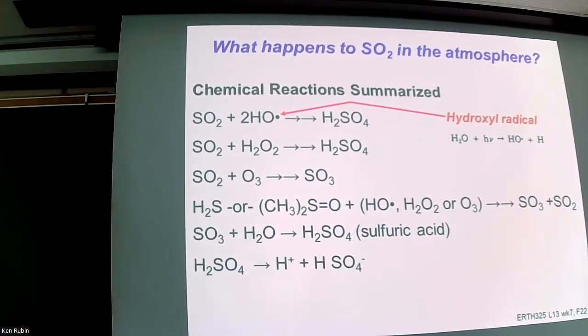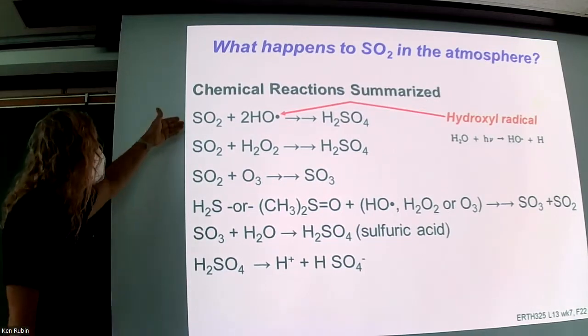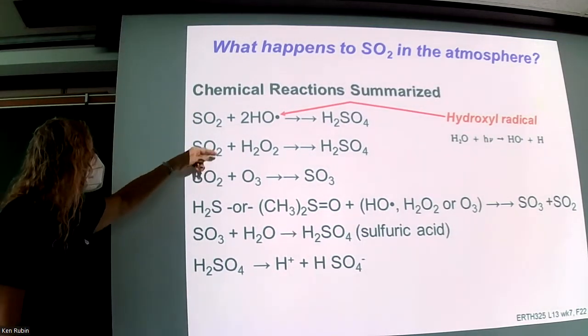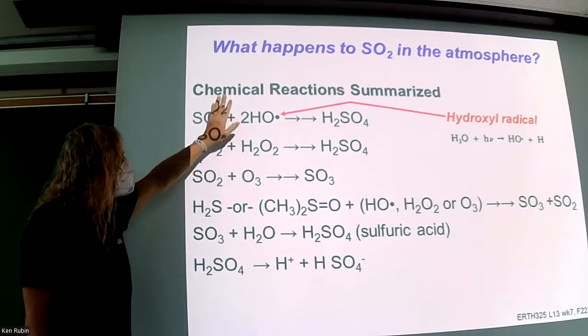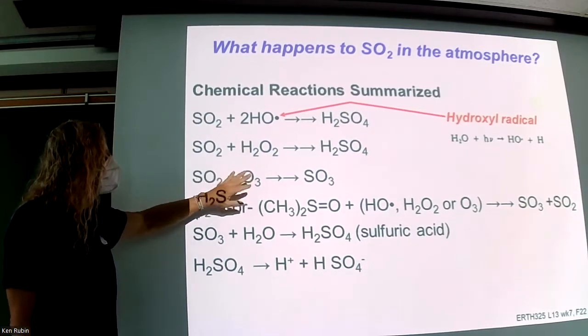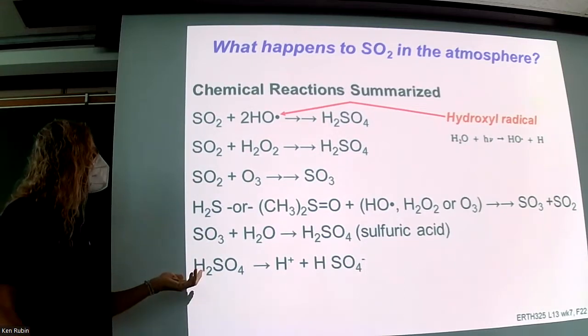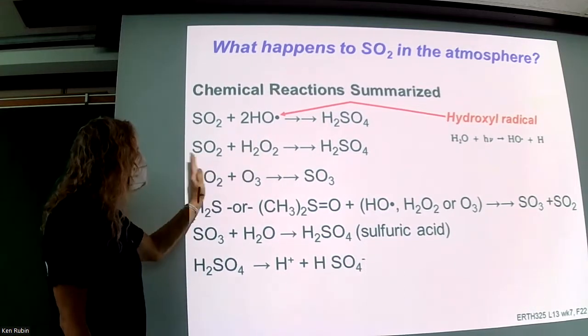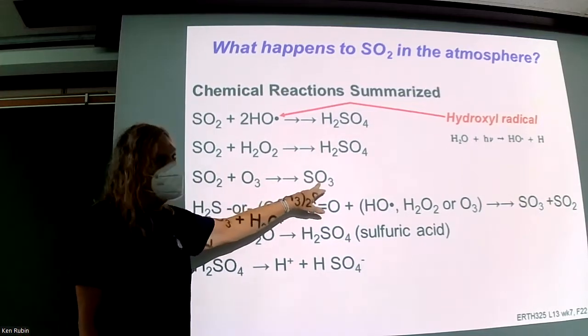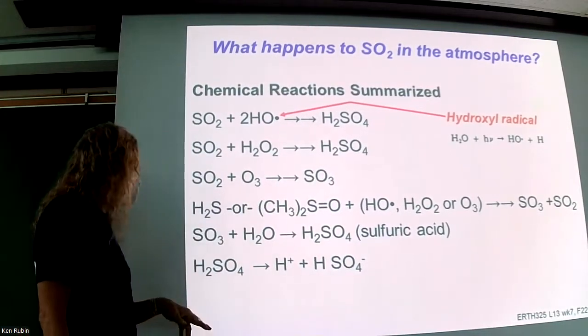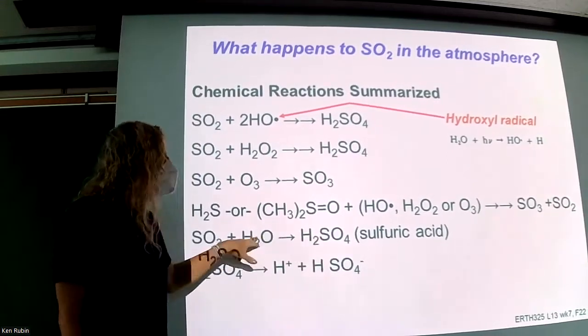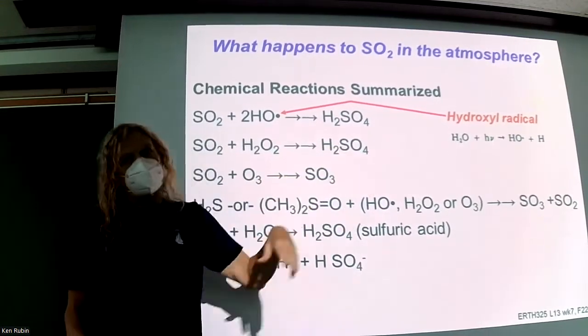And this is the chemistry. So whether we're talking about SO2 interacting with one of those three oxidants, hydroxyl radicals, hydrogen peroxide, or ozone, and depending on whether it's a dry atmosphere or a wet atmosphere, any one of these through a series of steps will make SO3, which dissolves in water to make sulfuric acid, or will go directly to sulfuric acid.